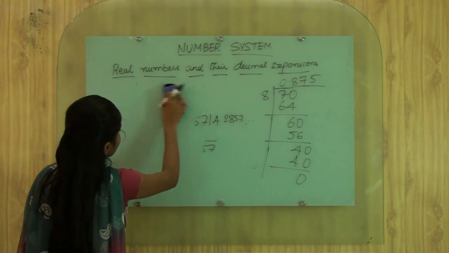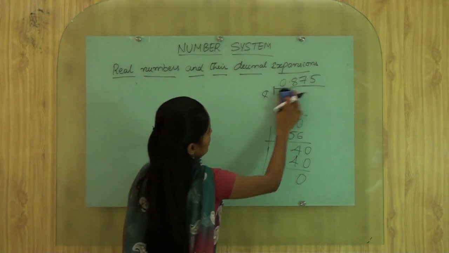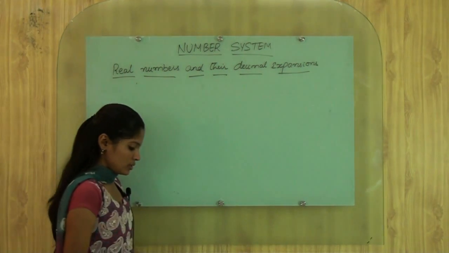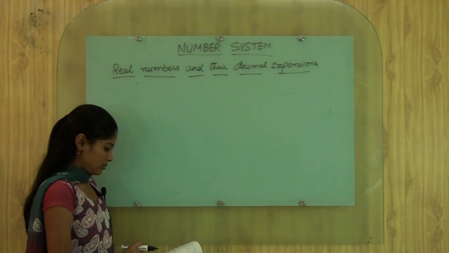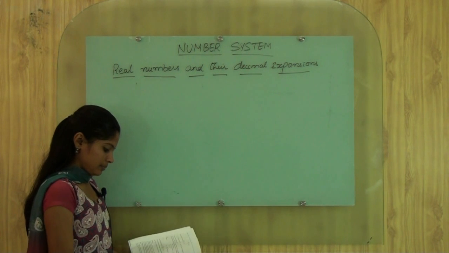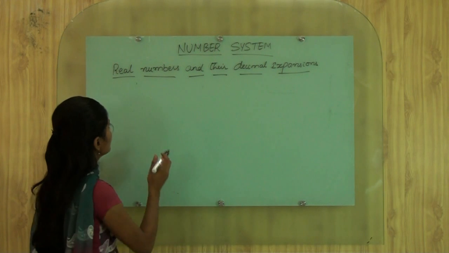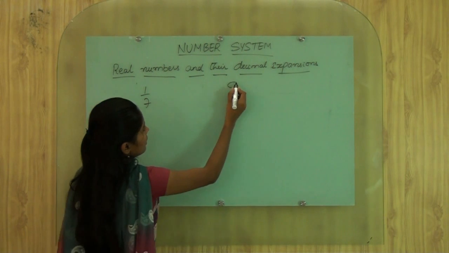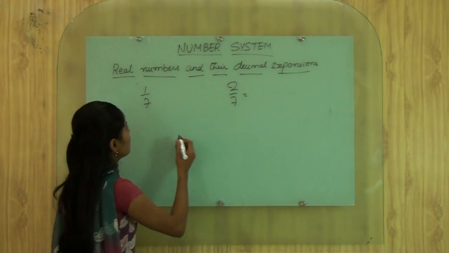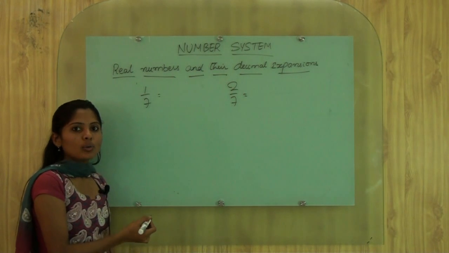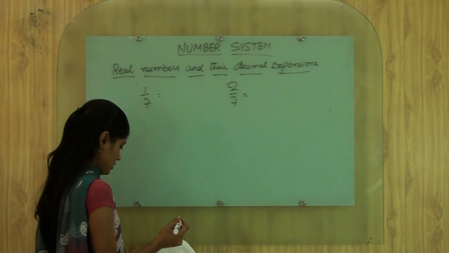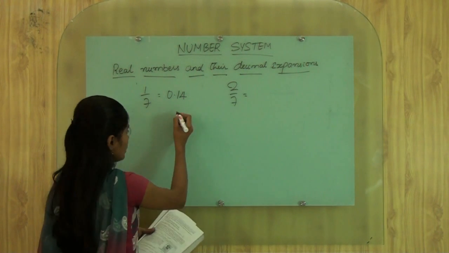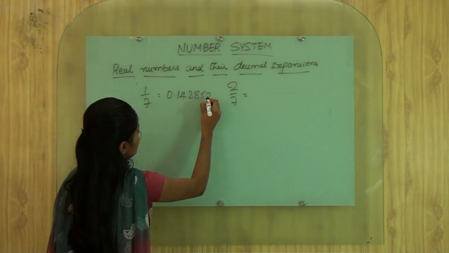Now let's take irrational numbers. Let's take two rational numbers, 1 by 7 and 2 by 7. If you divide 1 by 7, what value do you get? 0.142857 bar.